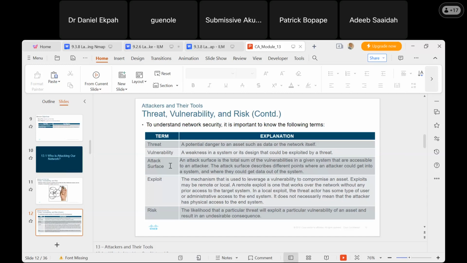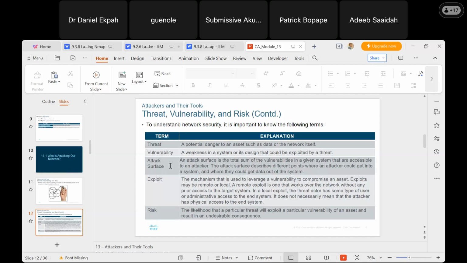And vulnerability is a weakness in a system, or in its design, that could be exploited by a threat. So the threat is the potential danger to an asset, while the vulnerability is a weakness in a system.